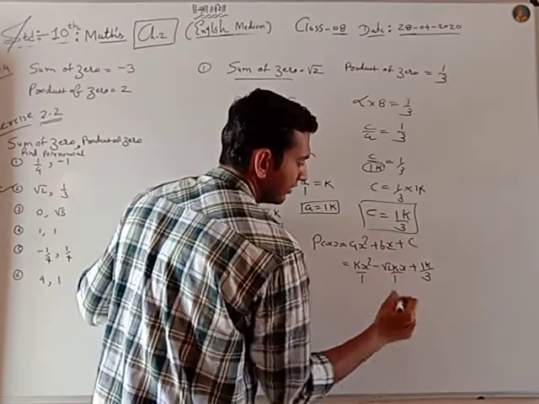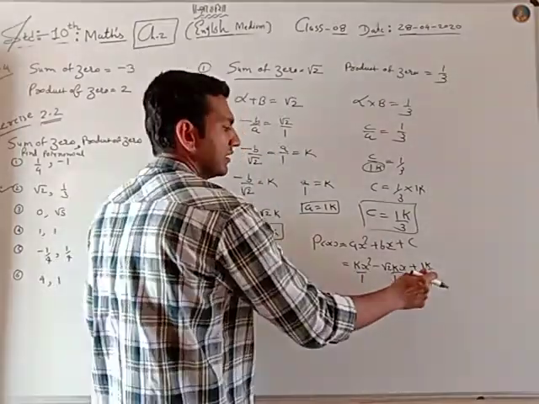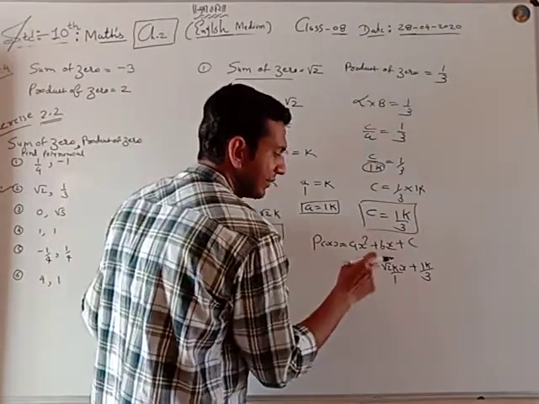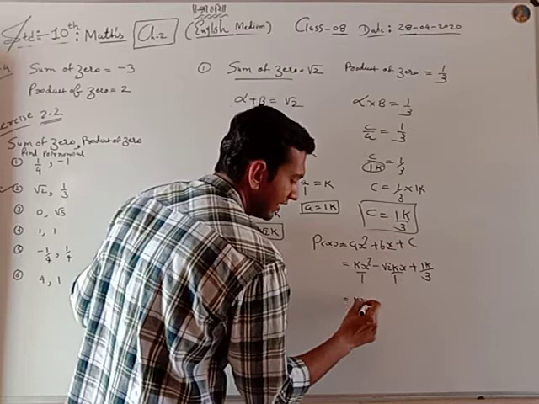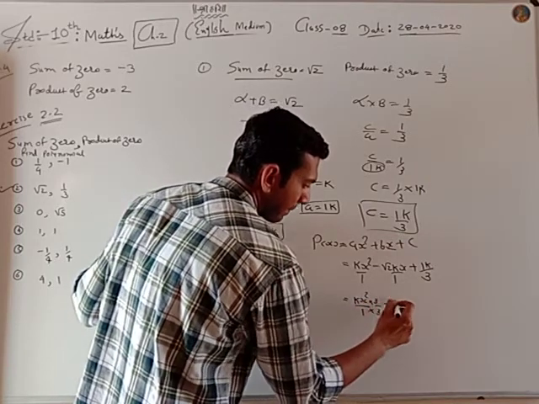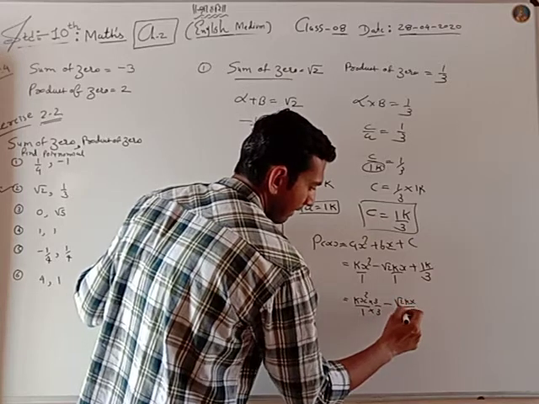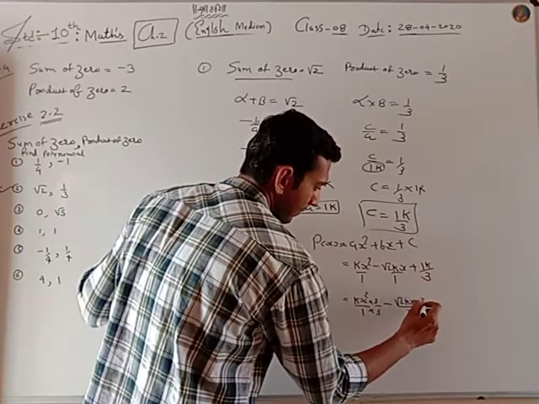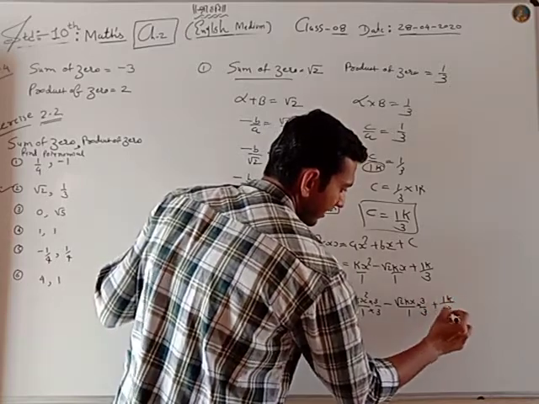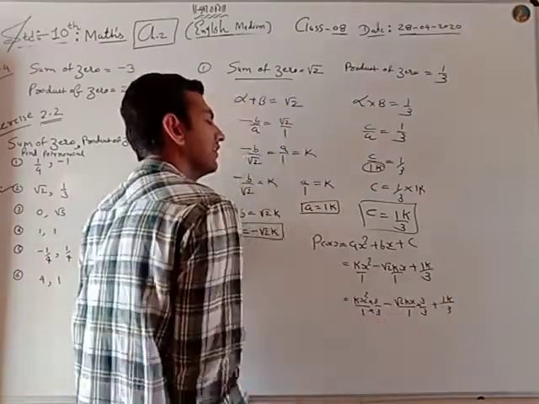See here, in the denominator 1, 1, 1, in the last term the denominator is 3. So in the first and second term multiplying and dividing by 3. Already 3 is there, so not multiplying, not dividing by 3.